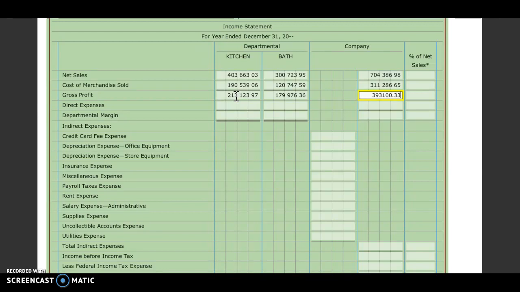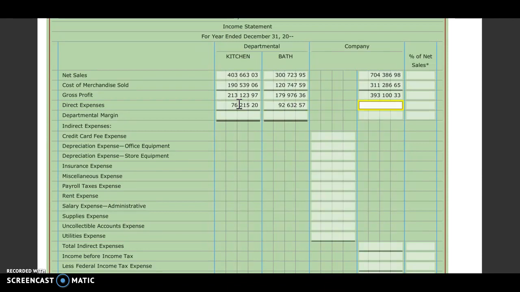393,100.33. Okay, next, my direct expenses, those are also going to come from my departmental margin statement. My direct expenses for kitchen are 76,215.2. And for bath, I have 92,632.57.